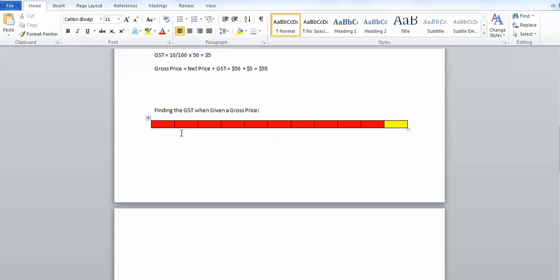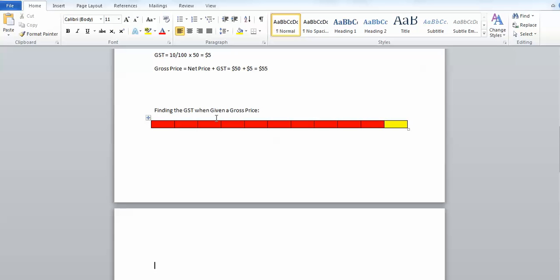My $550 golf clubs would have been $500 to start with. The red squares or rectangles here represent the net price, the starting price of $500. Then they would have calculated what a tenth of that is, what 10% of that is, and added that on as the GST.